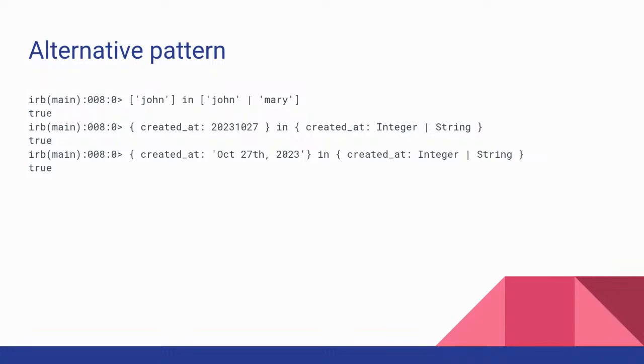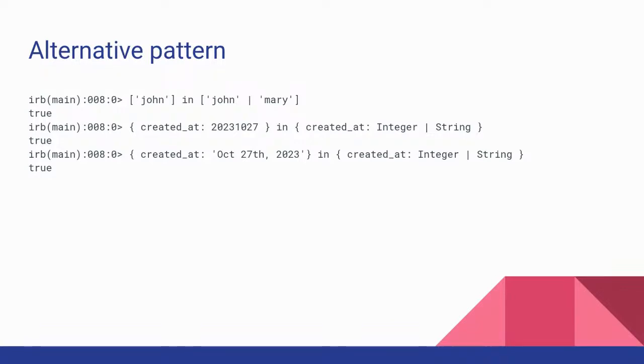Like in our first example, we're explicitly saying that we accept either John or Mary as acceptable values. We have this John in this array, and we're trying to match the first item and say, hey, this first item may be either John or Mary, and it's okay, those are acceptable values.